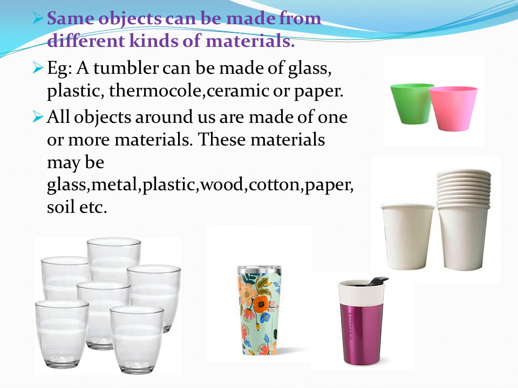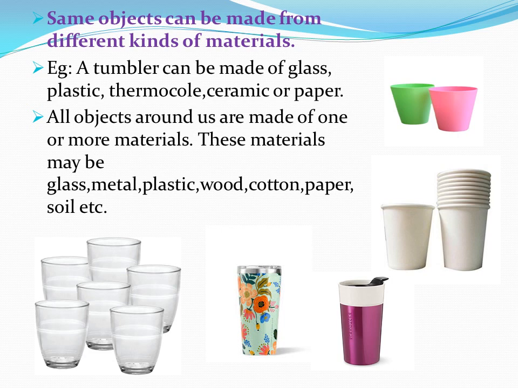And one other thing is that all objects around us are made of one or more materials. These materials may be glass, metal, plastic, wood, cotton, paper, soil, etc. So in our surroundings so many objects are there.